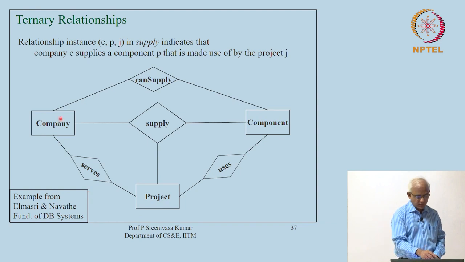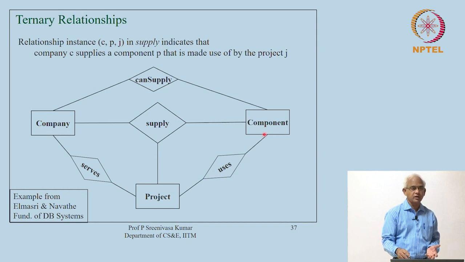A company can supply a particular component, so we want to capture that binary relationship. A project is some activity, and a project uses a component. If the component is used in the project, then we have this binary relationship called project uses component.